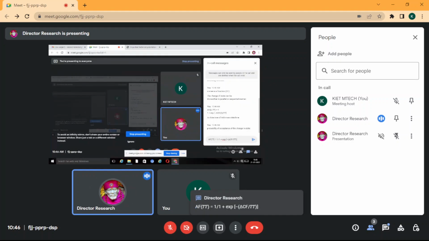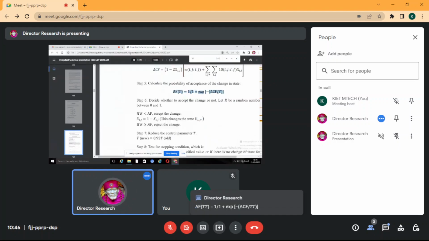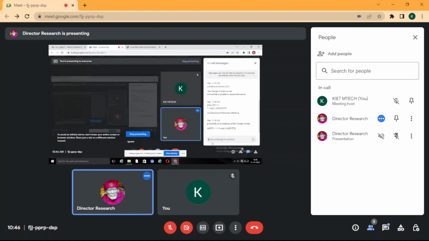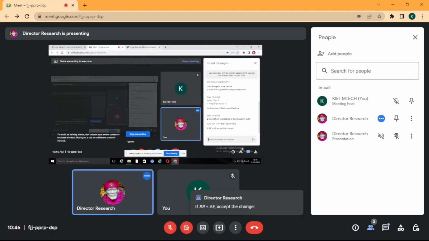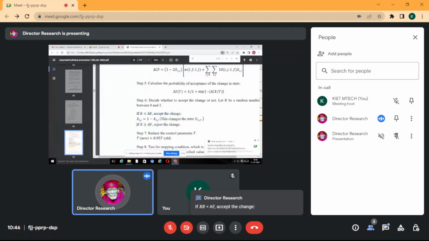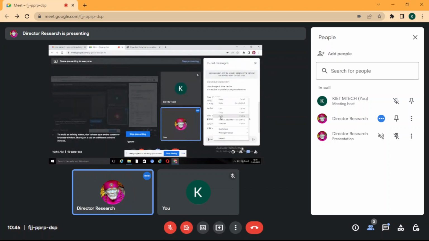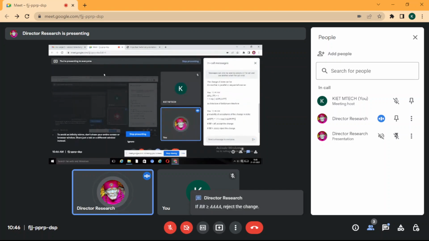In this, the two conditions can be understood easily. R greater than or equal to F, reject the change.